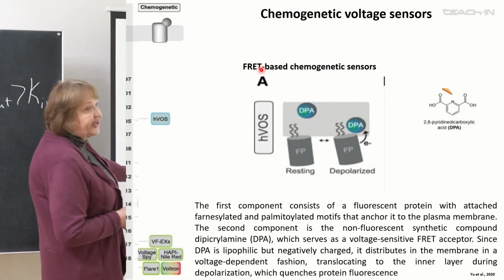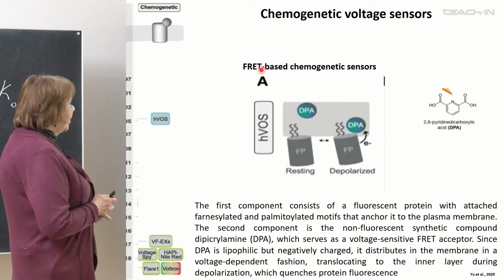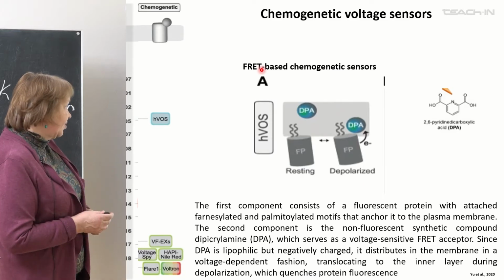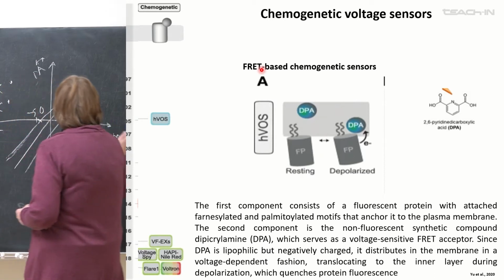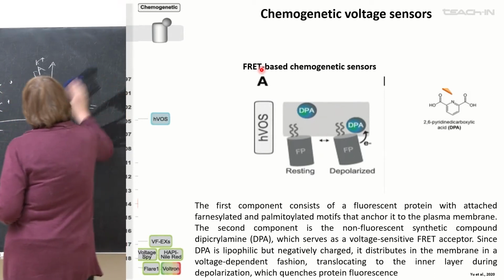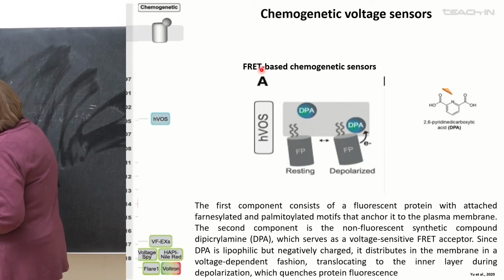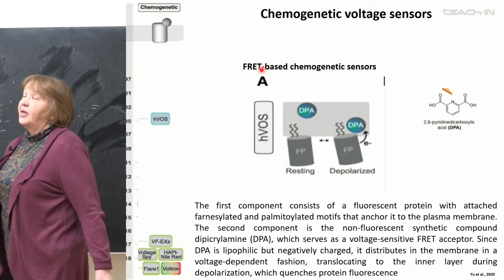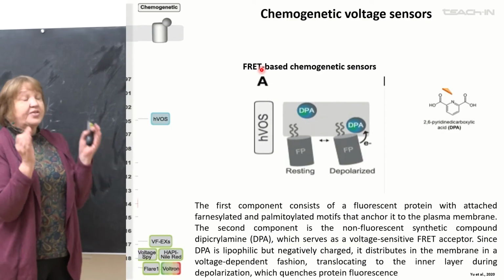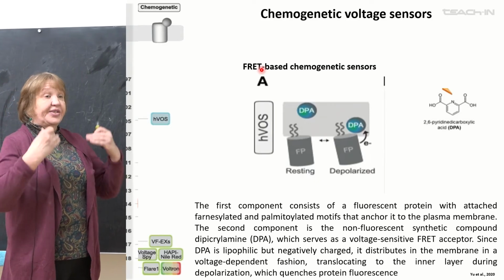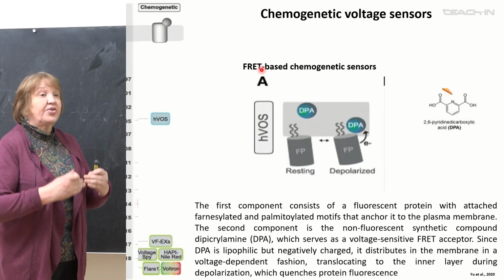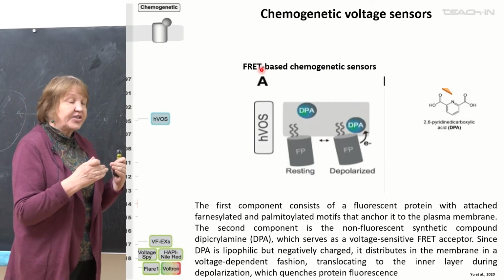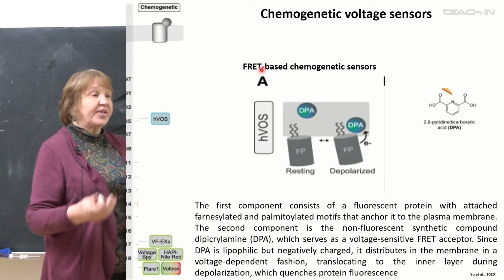Okay. There are also chemogenetic sensors that are working on the principle of FRET, fluorescence resonance energy transfer. I will try to draw it. So a fluorescent molecule, as I said, is excited by a certain wavelength of a certain energy. So the electron goes to the higher energy level, and then it goes down and emits light.